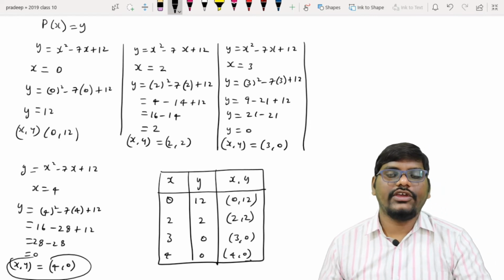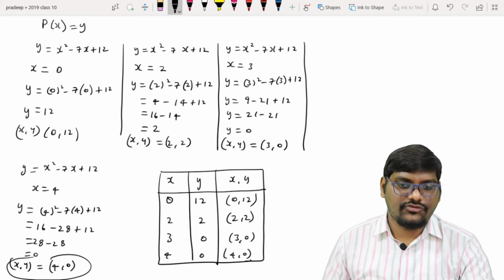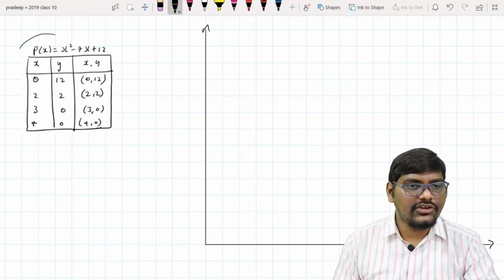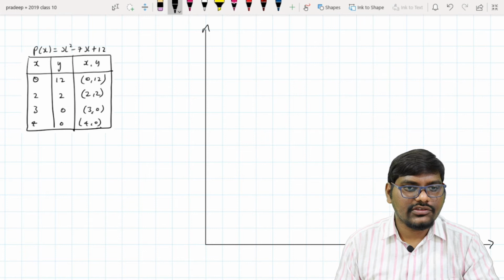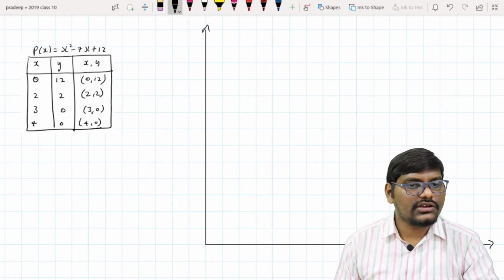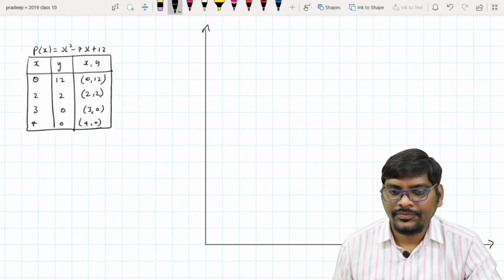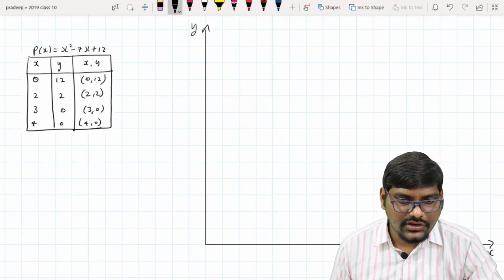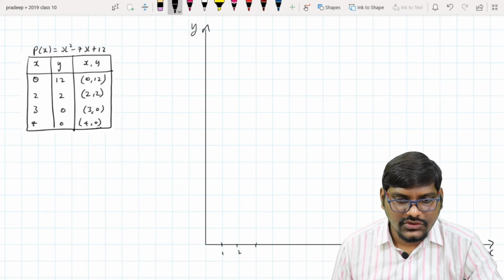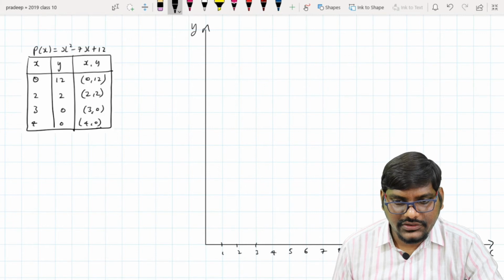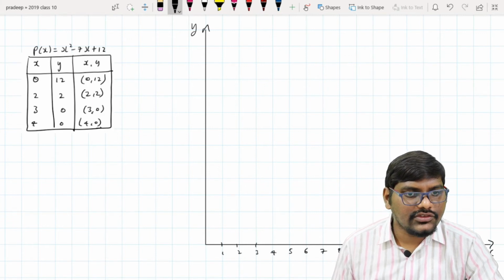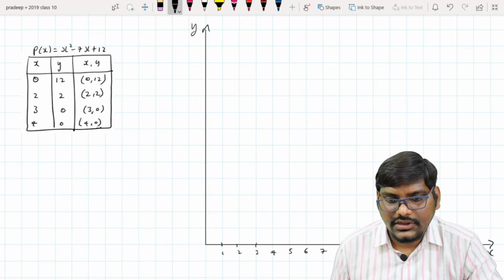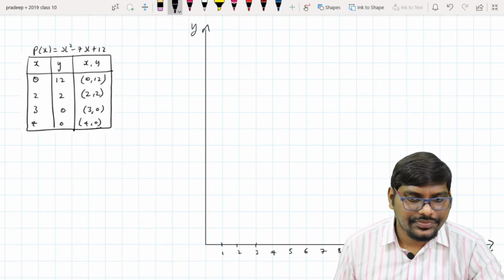So this is a table. We'll take this table and try to draw the graph for the equation p of x equal to x squared minus 7x plus 12. This is the x-axis and this is the y-axis. On the x-axis we'll mark 1, 2, 3, 4, 5, 6, 7, 8, 9. The x values only go till 4, so we can stop at 9 here. On the y-axis there are values up to 12, so we have to go till 12.